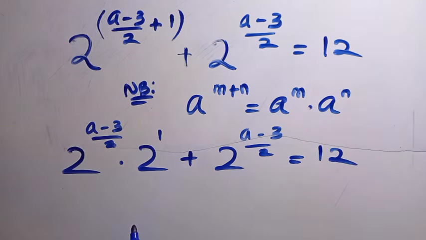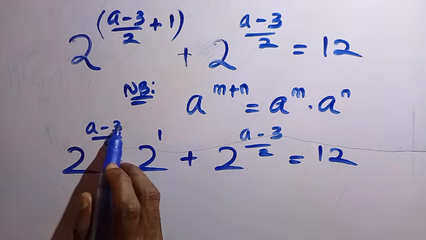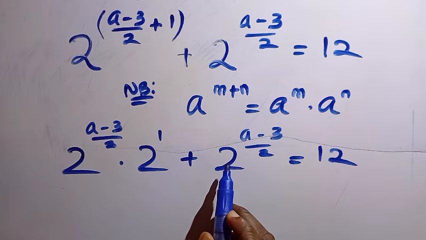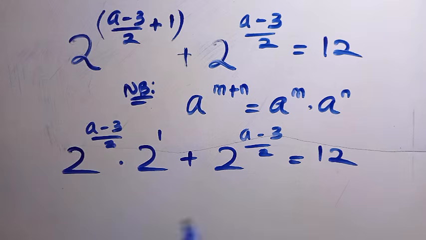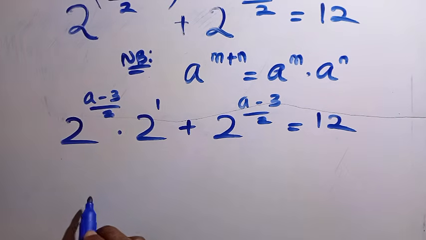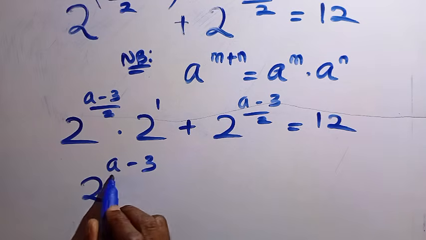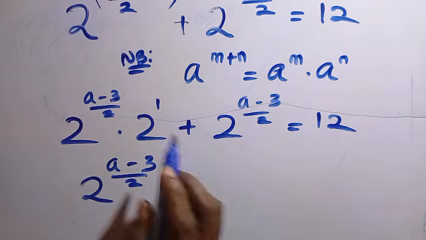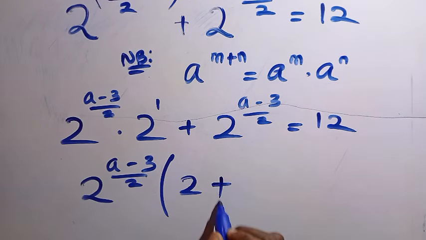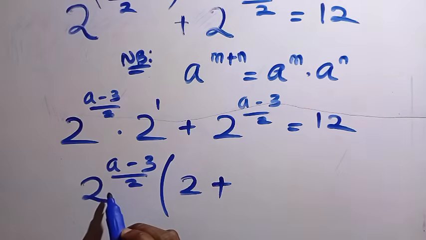Again, let's substitute for simplicity. We have 2 power a minus 3 over 2 common in both. There are two things we can do: either we factor it out or we let it be another variable. Any of the two we choose. When we factor it out, we have 2 power of a minus 3 over 2, then bracket, what it has together with it is 2, then plus 1, since it has been taken out.